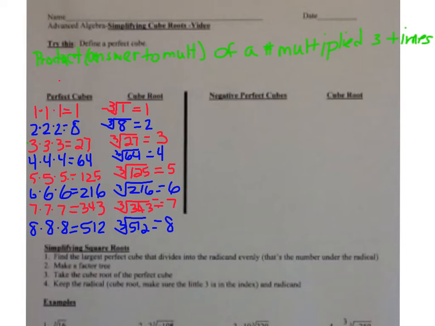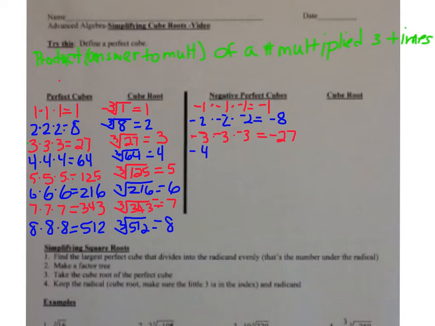All right, let's talk about the negatives. The reason why there could be negatives is because we have negative 1 times negative 1 times negative 1 is negative 1. And then we have negative 2 times negative 2 times negative 2 is negative 8. Negative 3, so you'll see a pattern, times negative 3 times negative 3 is negative 27.